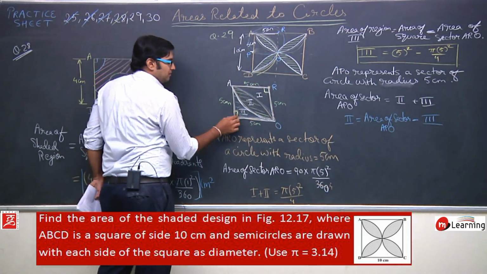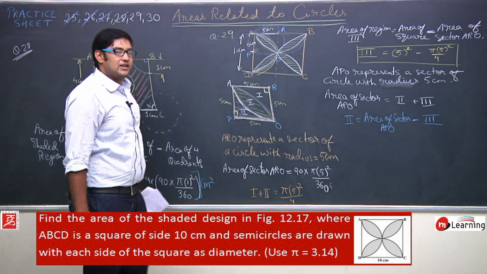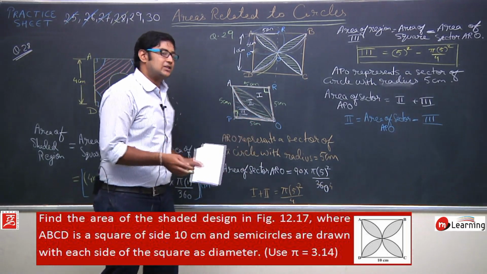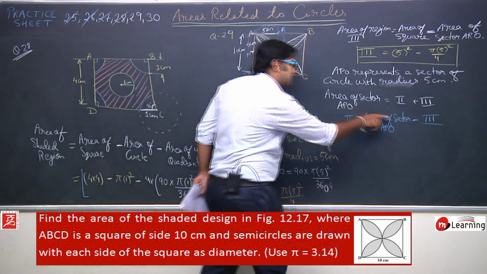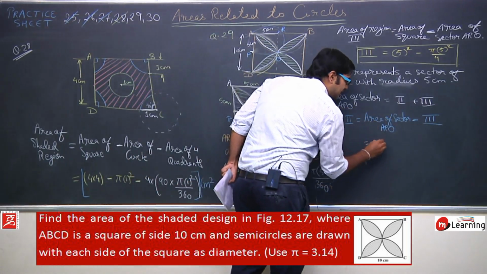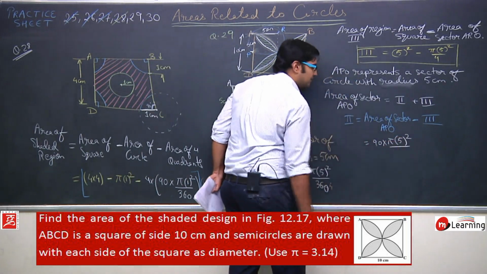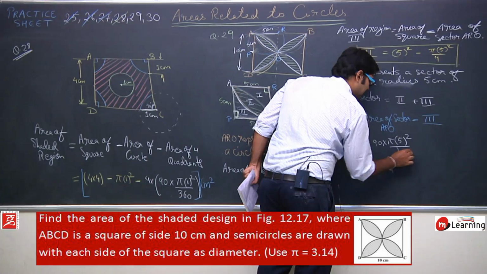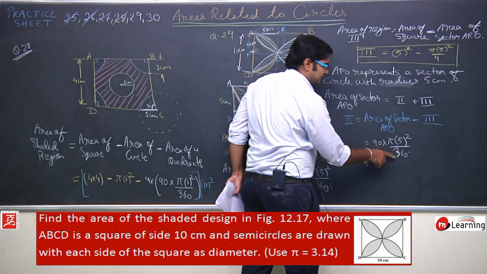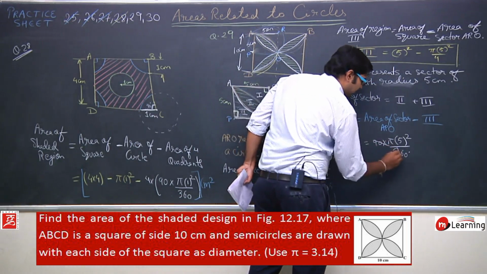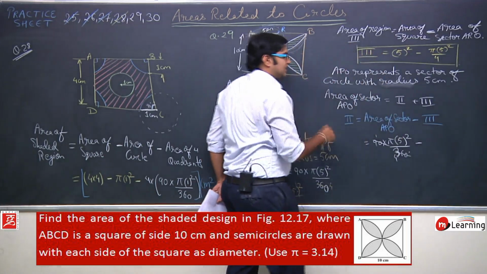Why? Because P is the center, PA and PO are the radii of this circle, and the angle between the two radii is equal to 90 degrees. So we can very easily calculate the area of sector APO, which is 90 into pi into r square, that is 5 square, divided by 360 degrees. Okay, this is 360 degrees. So this will give you pi into 5 square upon 4, minus what is the area of region 3?